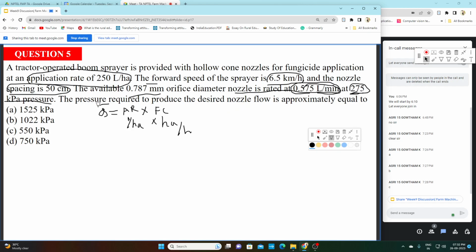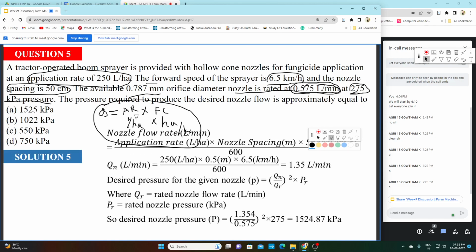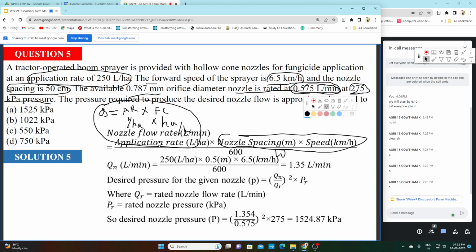Now what is the pressure that corresponds to the required flow rate, that we have to find out. So first we should find out this Q, that is application rate into nozzle spacing into the speed, this much portion divided by 10 is your field capacity, and this is your application rate, and when we divide by 60, we can get our nozzle flow rate from liter per hour to liter per minute.